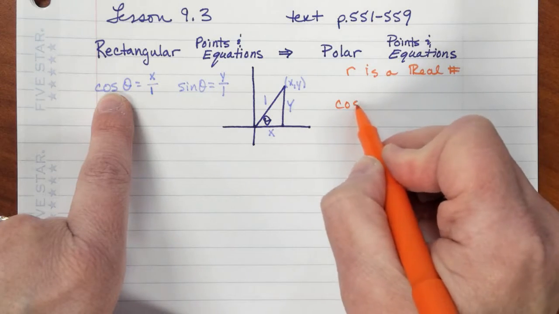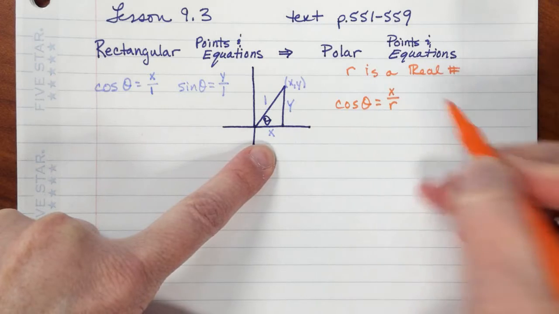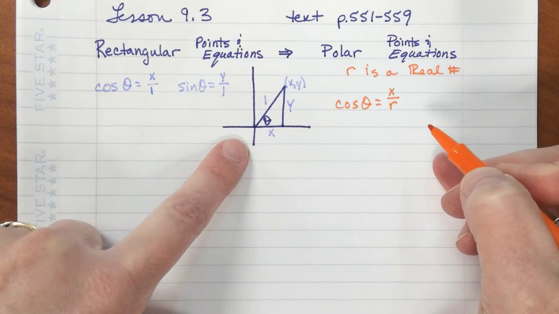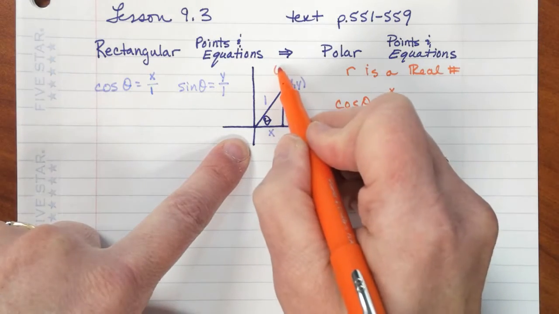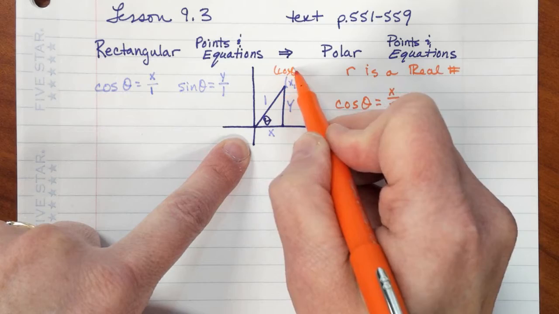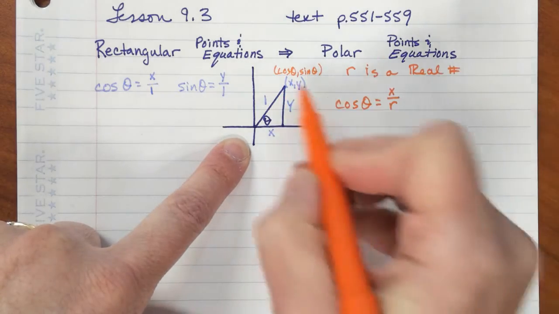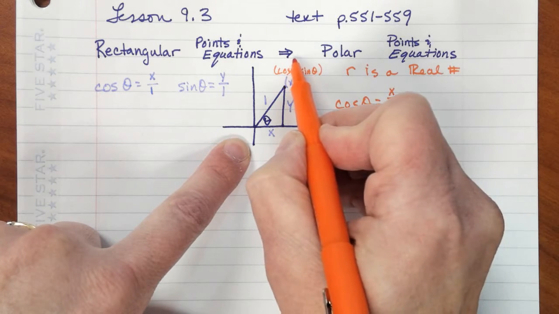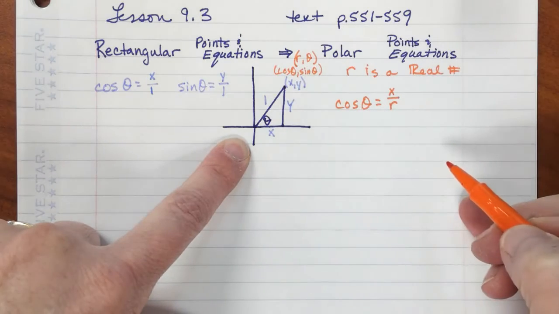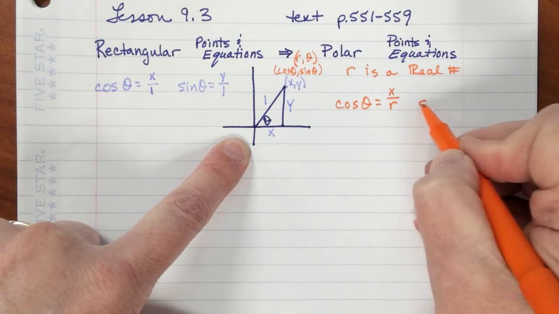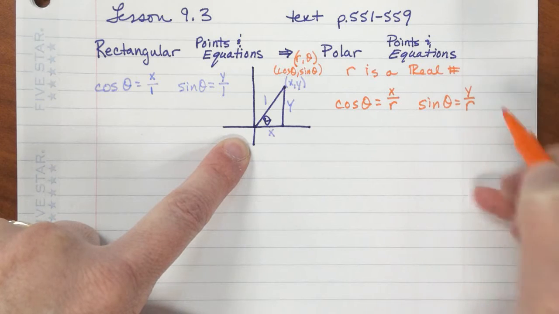Now we're going to say cosine of theta is x over r, whatever the radius is. You know this point to be cosine theta, sine theta. In the polar system, we know that point to be r, theta. Here we know that sine theta is y over r.